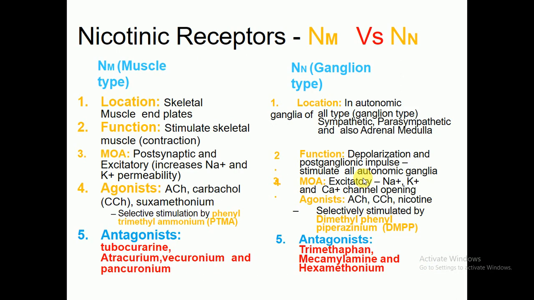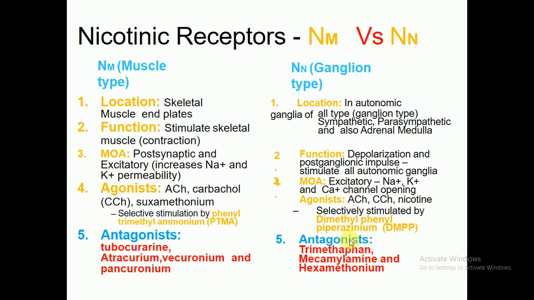They stimulate all the autonomic ganglia. Their mechanism of action is that they are excitatory in nature, especially the sodium ion, potassium ion, and calcium channels, which become open. So this type of receptor is excitatory in nature and causes the opening of the sodium, potassium and calcium channels which are mentioned here.